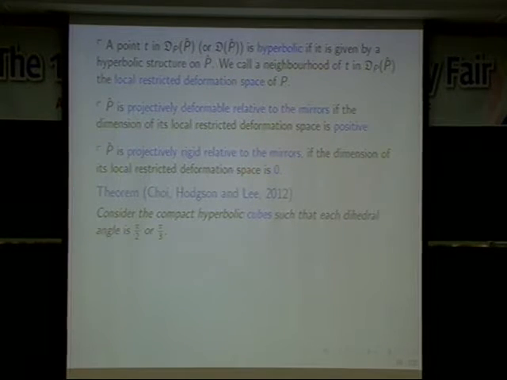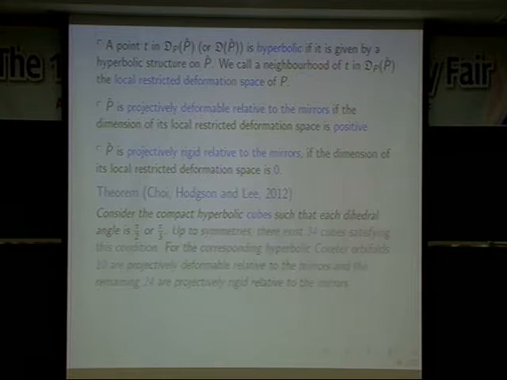In fact, we consider compact hyperbolic cubes such that each dihedral angle is pi over 2 or pi over 3. Then we use some theoretical part and computation, and we get that there exist 34 cubes satisfying this condition. Among them, ten are projectively deformable relatively to the mirror, and the remaining are rigid relatively to the mirrors.